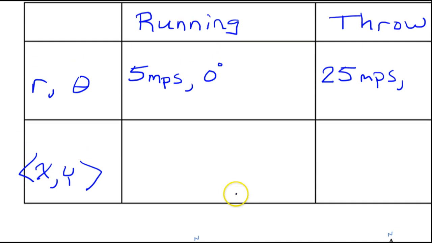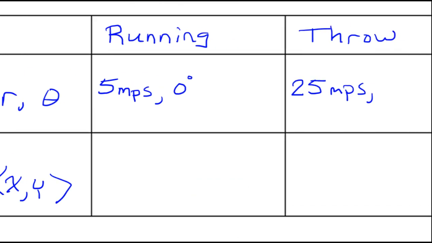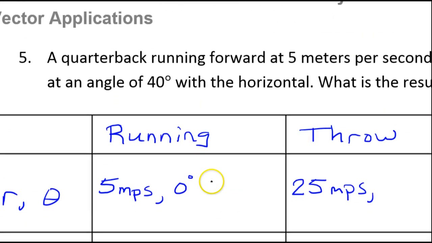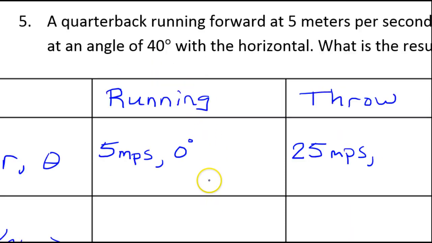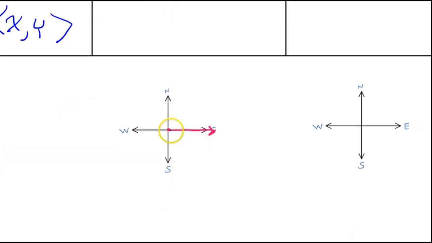Now let's talk about the direction of the throw. So the problem says that the throw makes an angle of 40 degrees with the horizontal. So the idea is he's throwing in the same direction that he's running. So his throw, 40 degrees with the horizontal, I'm picturing that it's doing like this, where this is the 40 degrees.